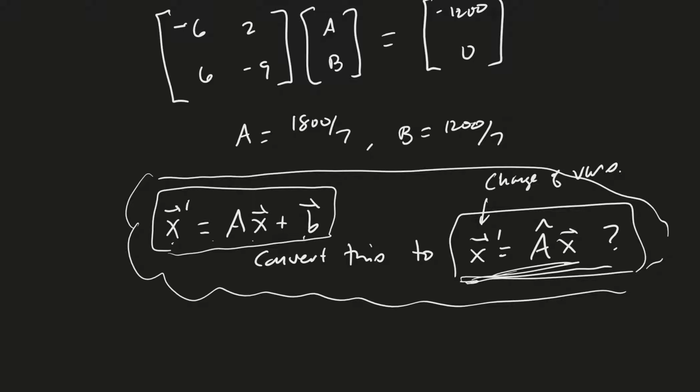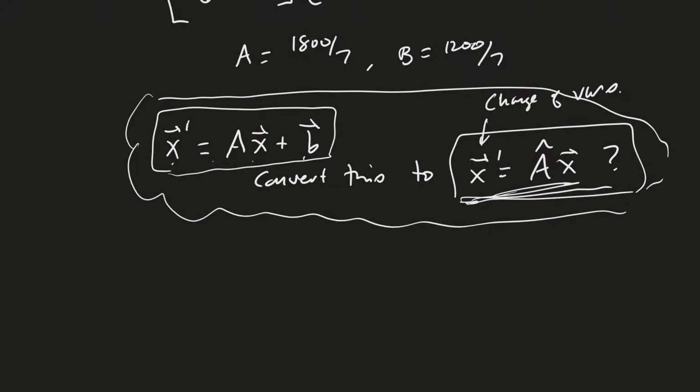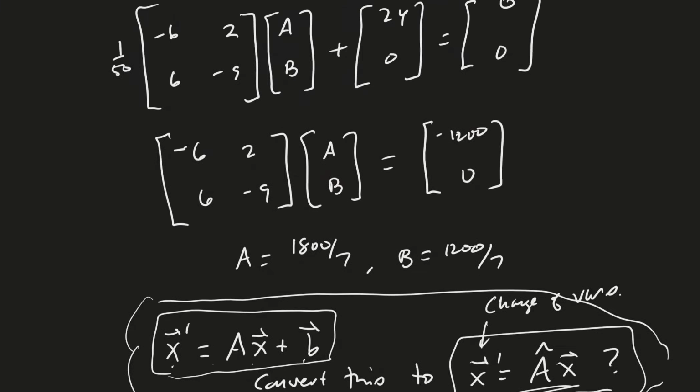Okay, and so how am I going to do that? Well, our book actually talks about doing this. We're going to let, so I'm using this particular matrix here, right?